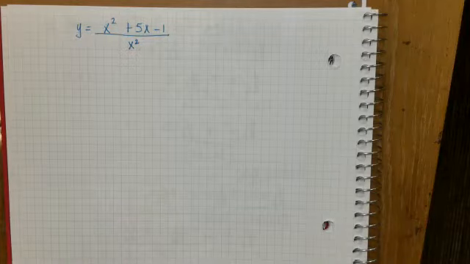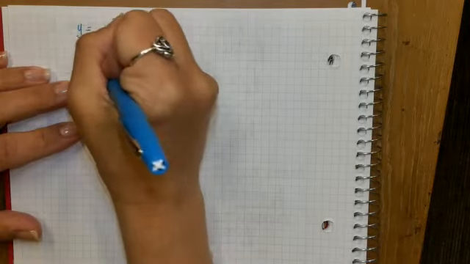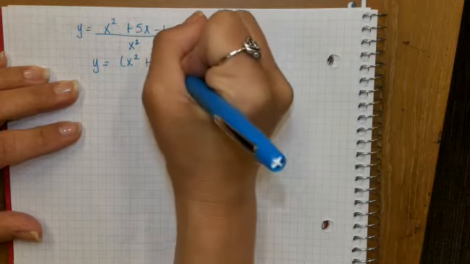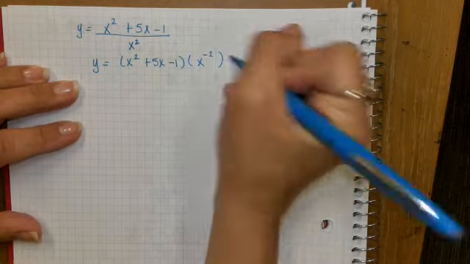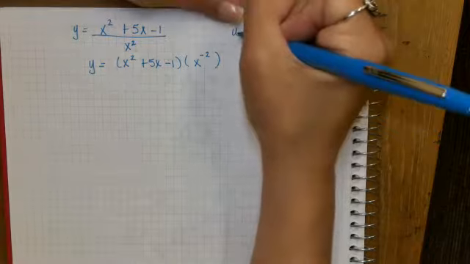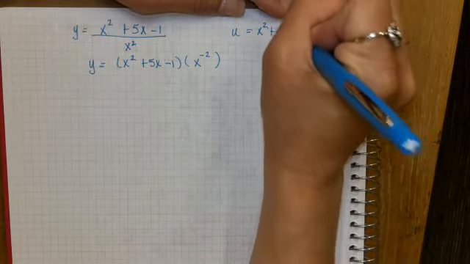So if I want to do this problem as a product rule, this is x squared plus 5x minus 1 times x to the negative 2. U is going to be x squared plus 5x minus 1.